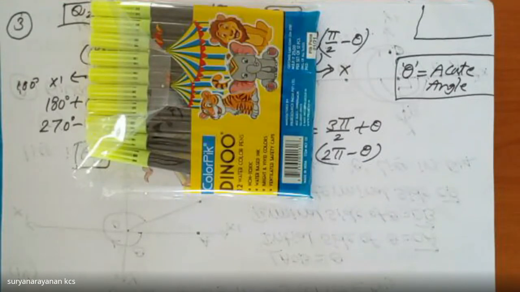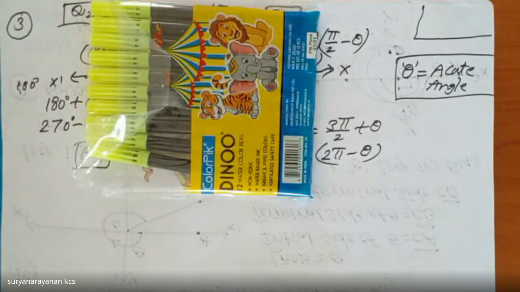Don't consider that 60 degrees is also less than 180 and say it lies in the second quadrant only. Don't take the meaning of that sentence like that. Less than 180 means less than 180 but more than 90. Understood this point, my dear children?